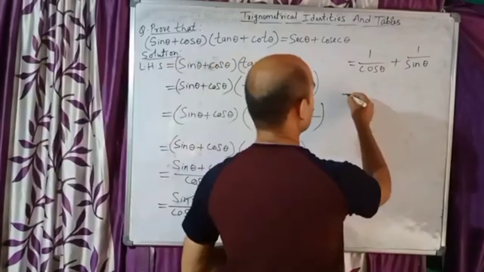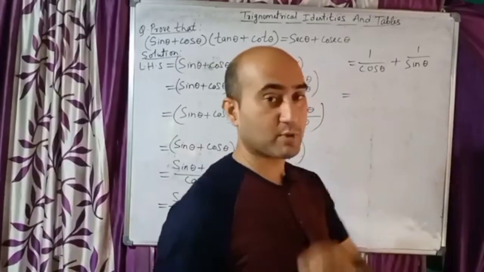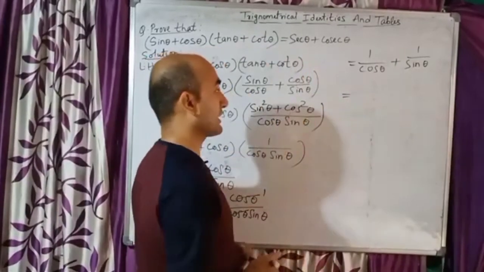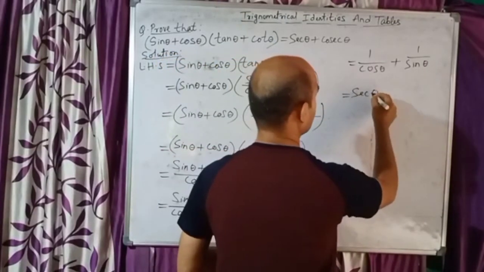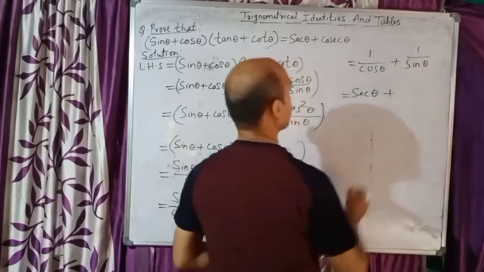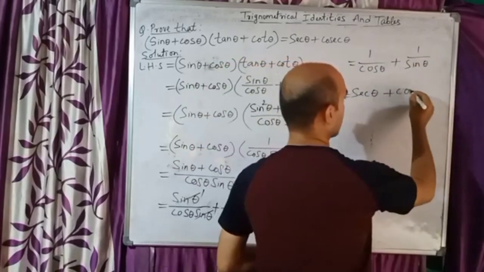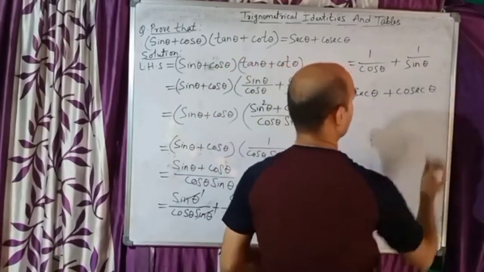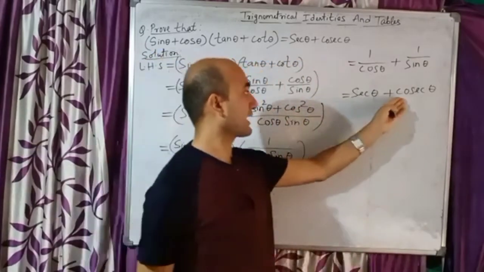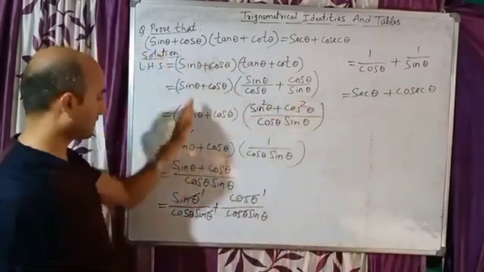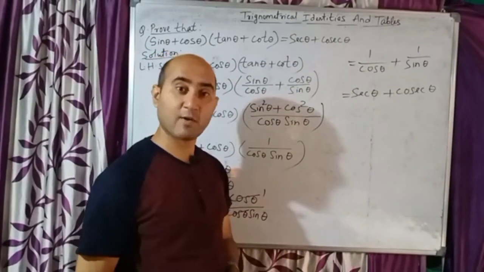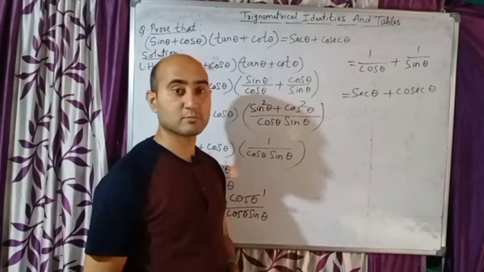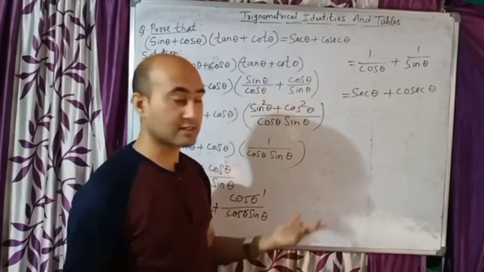So 1 by cos theta, by the reciprocal formula children, is actually sec theta. You can check this formula. And 1 by sine theta is actually cosec theta. Now you can check that the answer I got from the left hand expression matches the right hand expression. Now I can say left hand side is equal to right hand side, it is proved.